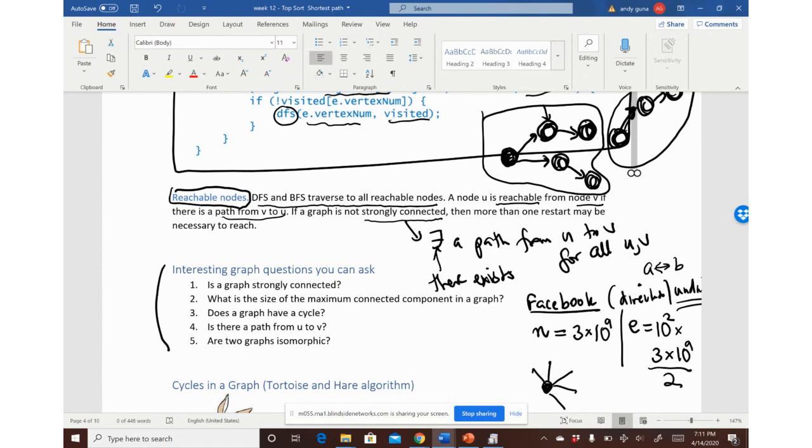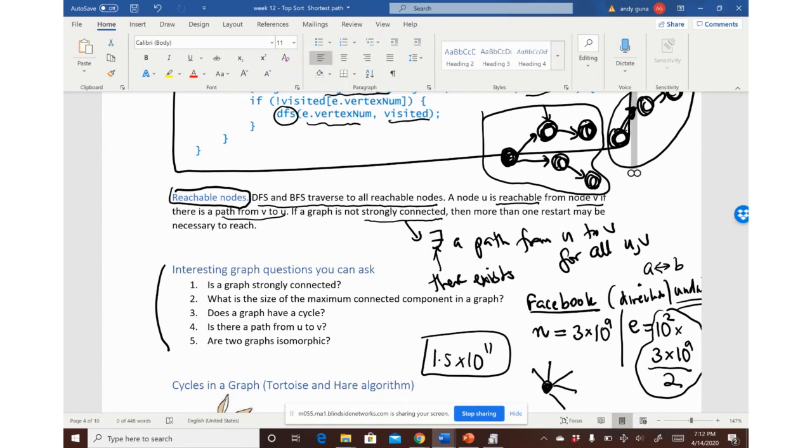So we claim that the number of connections in Facebook is about 1.5 times 10 to the power 11, which is huge. That's a one with 11 zeros. So that's how you come up with the number of connections in Facebook.